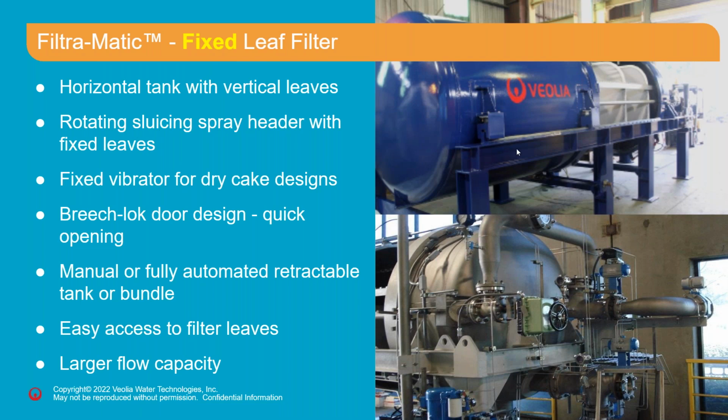If the Filtra-Matic is designed for a dry cake design, we can also provide a fixed vibrator to remove the cake from the leaves. Typically, these are fitted with a breech lock door design that have a quick opening feature. These also have a manual or fully automated retractable tank or the leaf bundle. We'll look at this configuration in another slide.